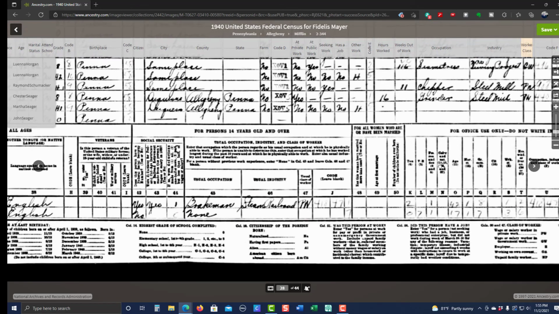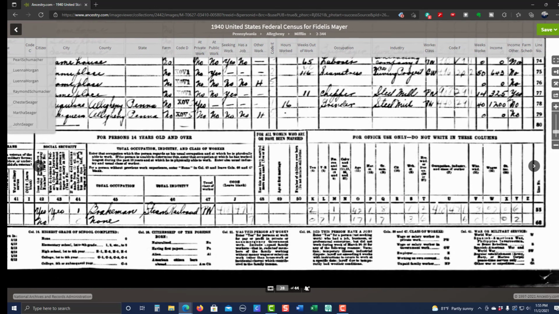And then this one is really interesting. There's a section here, columns 48 through 50, for all women who are or have been married. Column 48 asking, has this woman been married more than once? Yes or no? Of course, neither of these two people are women, so they didn't have to answer that. And column 49 asked, age at first marriage.